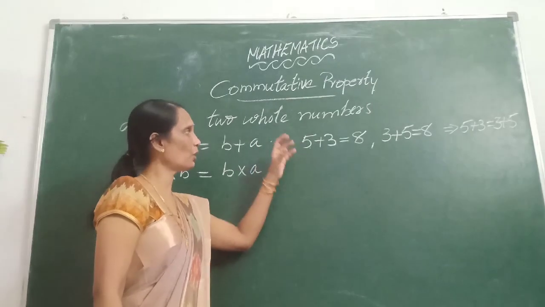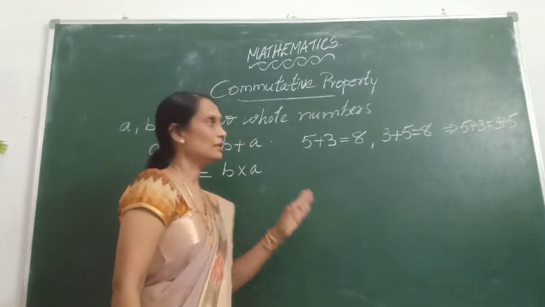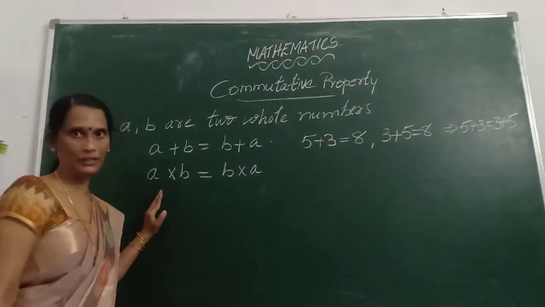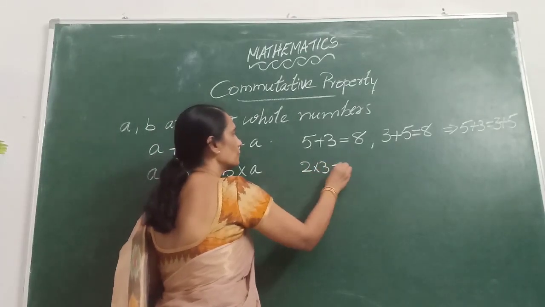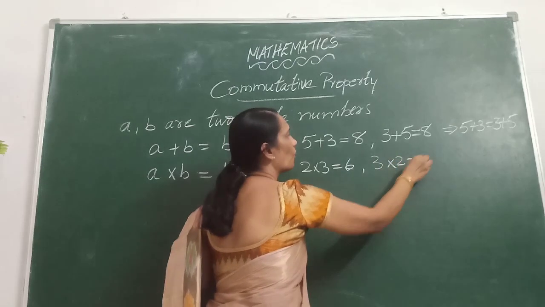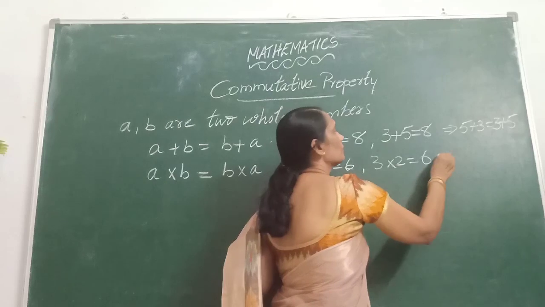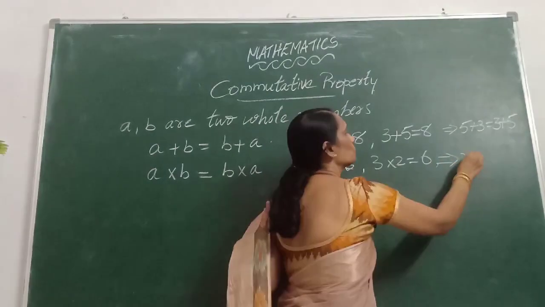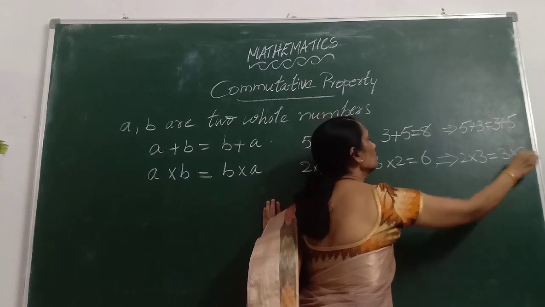That means changing the order of numbers does not affect the result. This is the same in the case of multiplication also. If we take 2 into 3, we know that it is 6. At the same time 3 into 2 is also 6. So we can say that 2 into 3 is equal to 3 into 2.